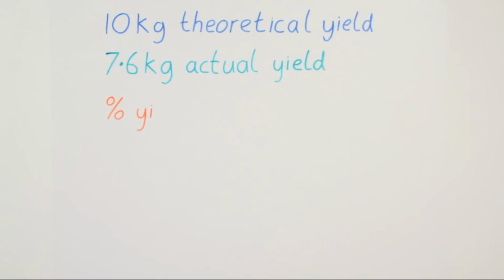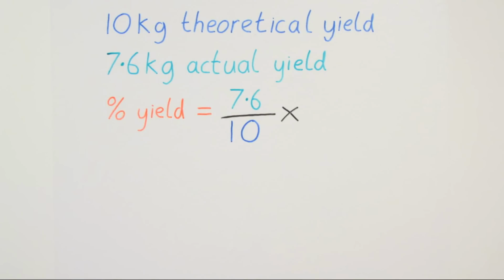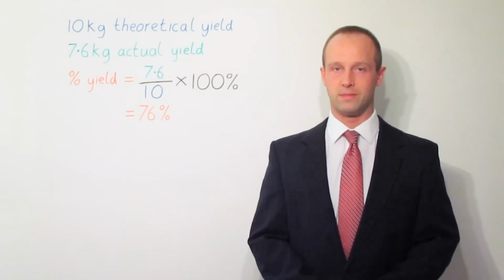To calculate the percentage yield, remember all you need to do is put the small number on the top of the fraction, the large number on the bottom of the fraction, and then multiply that fraction through by 100%. So we're going to do 7.6 divided by 10 multiplied by 100%. You should get an answer of 76%. That's all there is to calculating percentage yield.